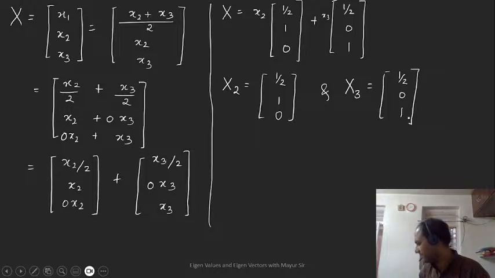This is the vector. Now listen carefully. We generally don't put fractions in between.